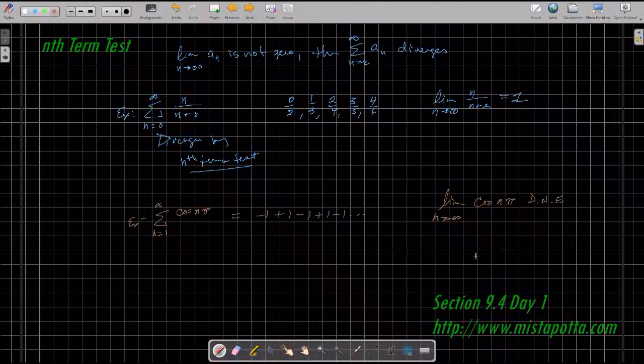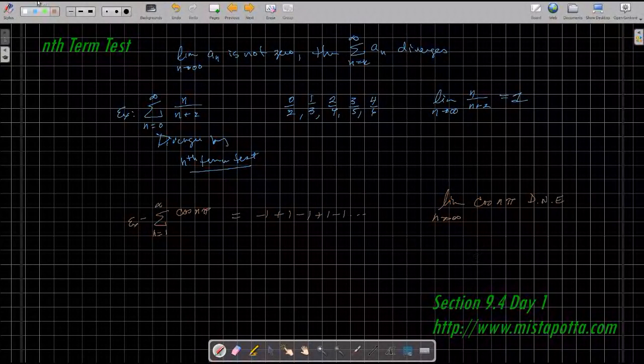It's not going towards positive or negative infinity. It just simply does not exist because I'm essentially dealing with something that is either going to be a 1 or a negative 1, and there's no in between.